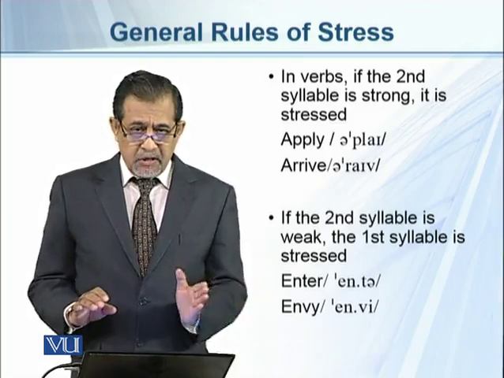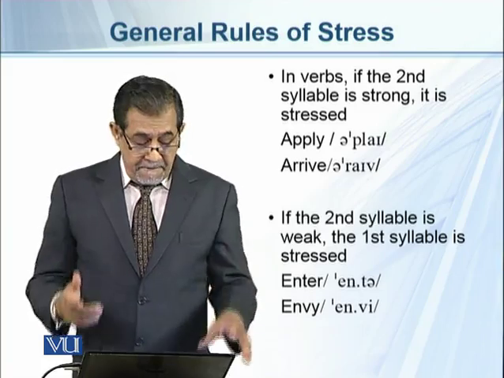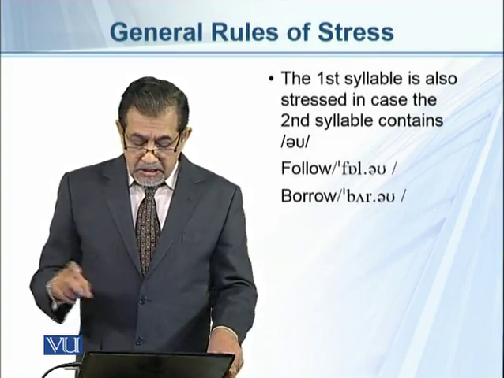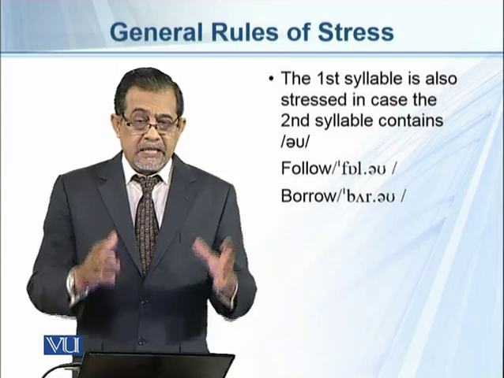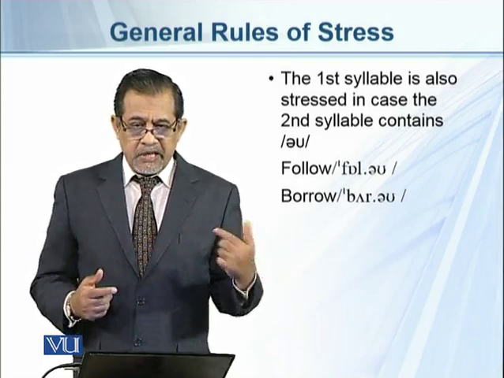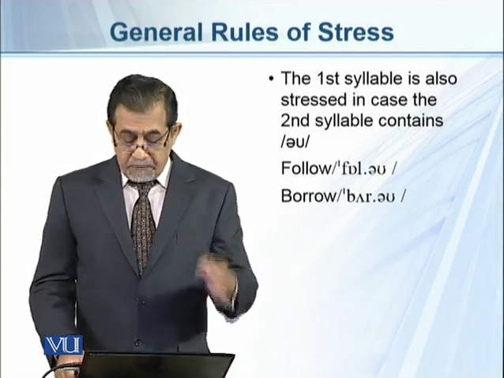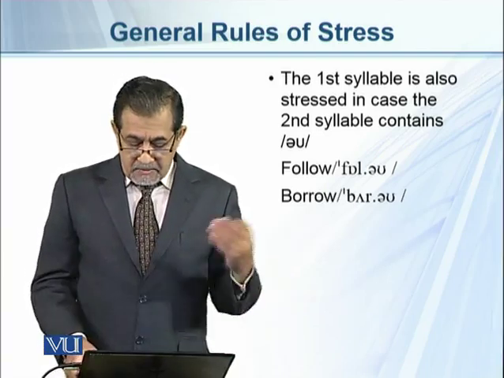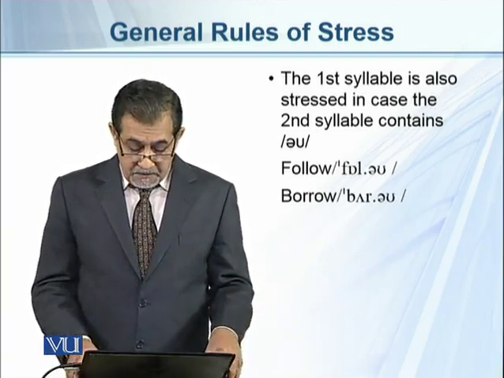So the stress is given to the first syllable, despite the fact that enter is a verb. The first syllable is also stressed in case the second syllable contains the O sound. As I said earlier, certain sounds make the first syllable stressed, even though they are diphthongs. So, the O diphthong, follow. The stress goes to the first syllable. Similarly, burrow. The stress goes to the first syllable.